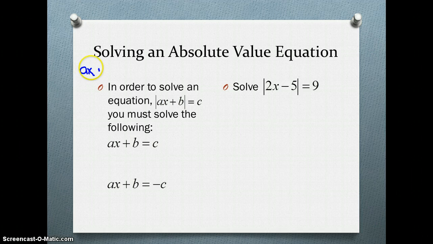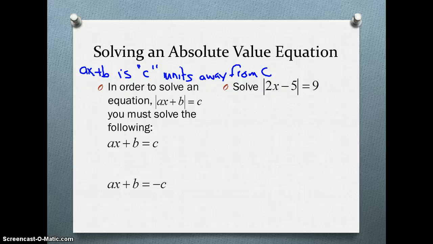So that means either ax plus b equals positive c on the positive side, or ax plus b is equal to the opposite of c, giving us the negative possibility there.